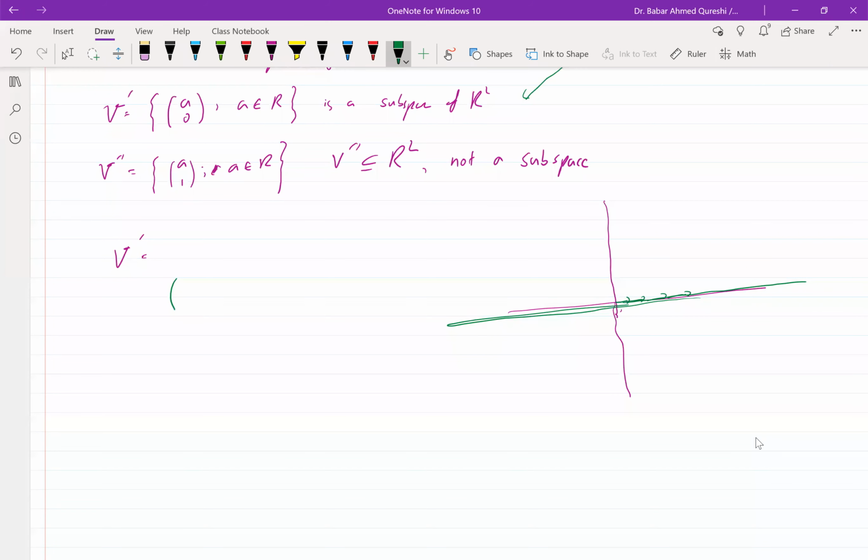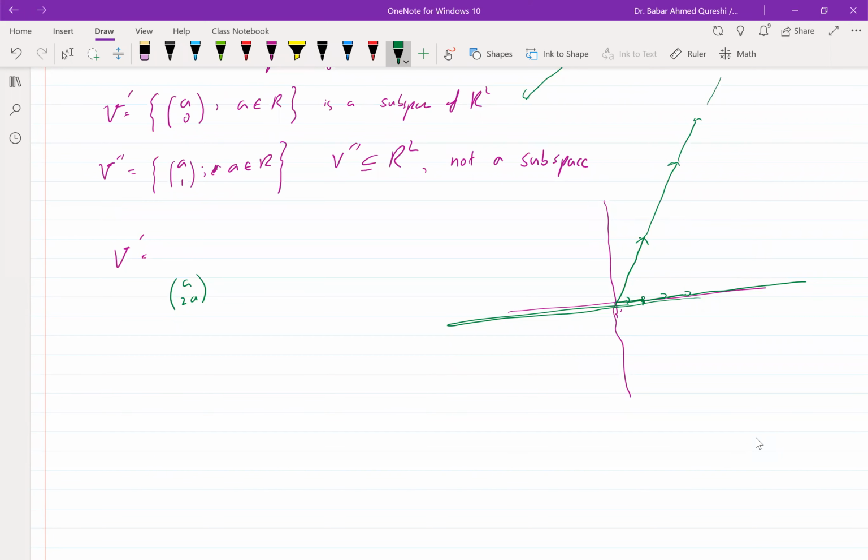And if I consider this one, A to A, that means whatever component I have in x direction, I have twice the component in y direction. So this would be a member of it. Then I multiply with any number, I keep changing its size.